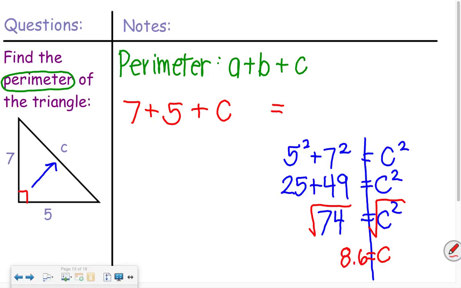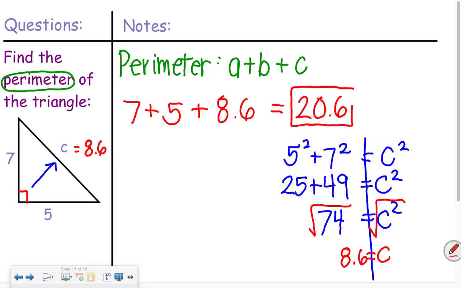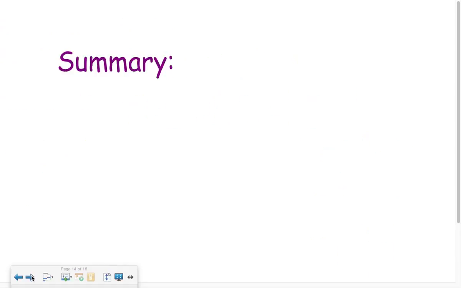And then I'm going to replace C with 8.6. So now if I add up all 3 of those sides, so 7 plus 5 plus 8.6, my perimeter is 20.6. So the distance around my triangle is 20.6. Summary.